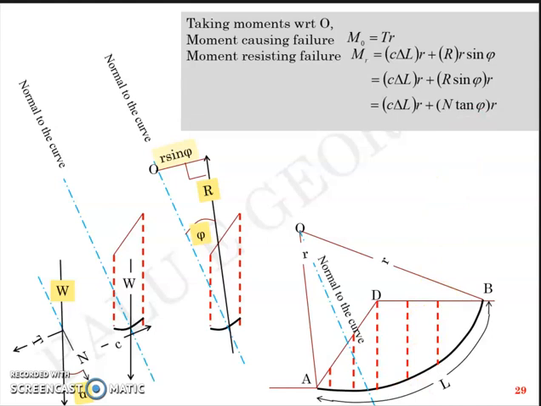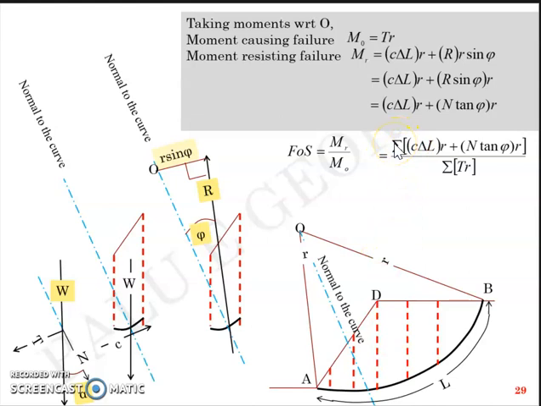Now, since I know MR and MO, all I can do is just take the ratio. MR by MO will give you the factor of safety. Now that factor of safety will be for just this slice. So if you want to find the entire slope's factor of safety, you just have to integrate, or find the sum, sigma function.